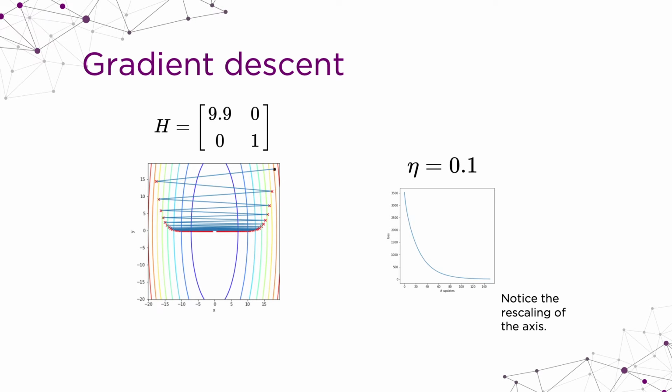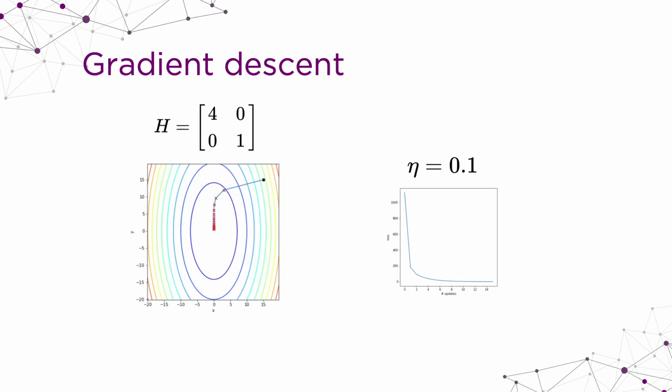Now if I increase the sensitivity of parameter x, and I keep the sensitivity of parameter y the same, and I use the same learning rate, now we are seeing this behavior where, because the learning rate is too high for the x-axis, it bounces from one side to the other, but still it will converge. At one point it will get here, and then it will converge here. And instead of converging in 14 steps, now it takes 140 updates to converge.